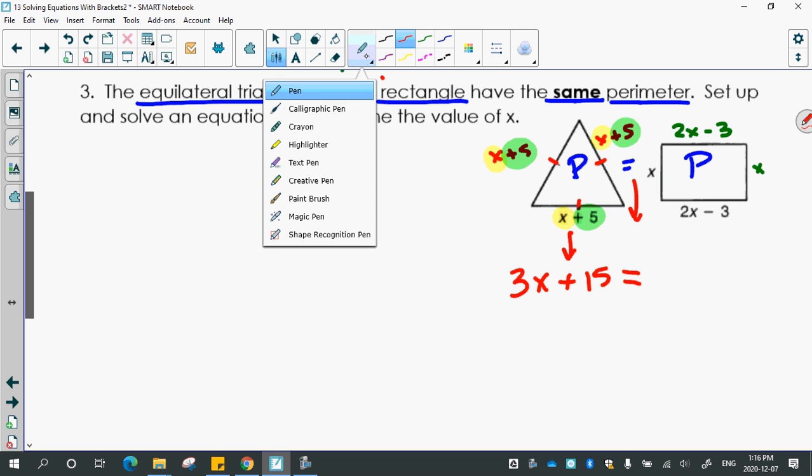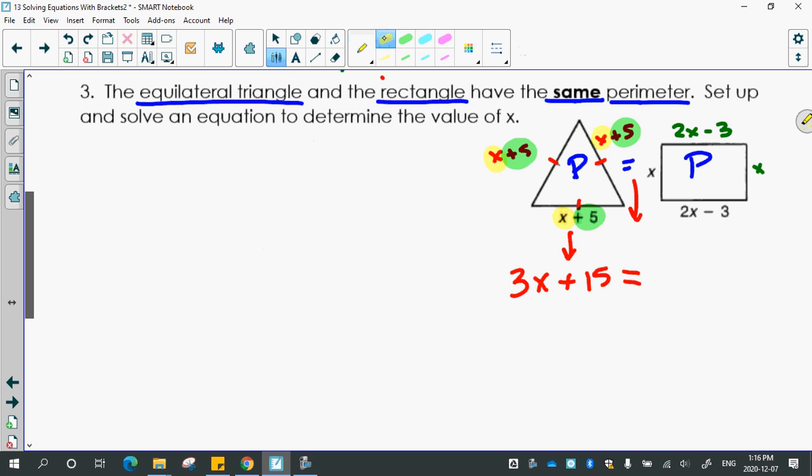And we want to use the same type of count around thinking for this one. 2x plus x plus 2x plus x is how many x's are on the perimeter for the rectangle? 2, 3, 4, 5, 6. Yes? 6 x's.